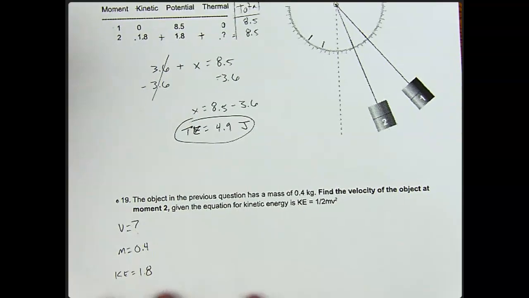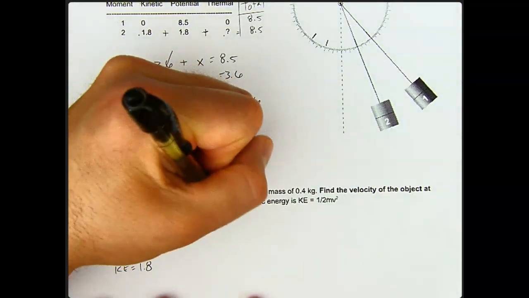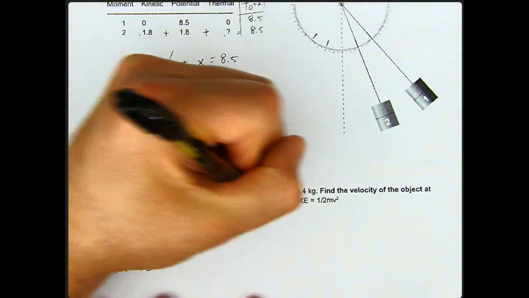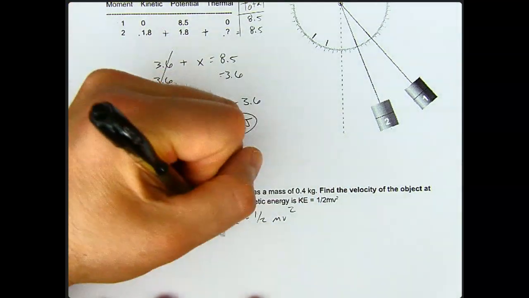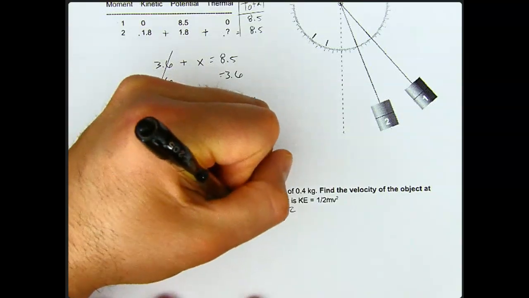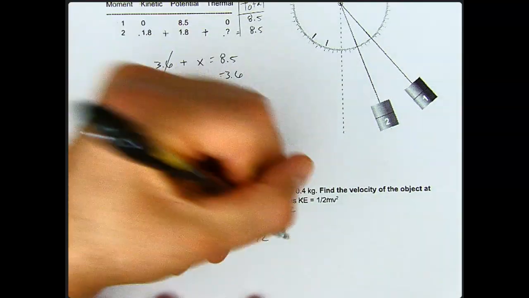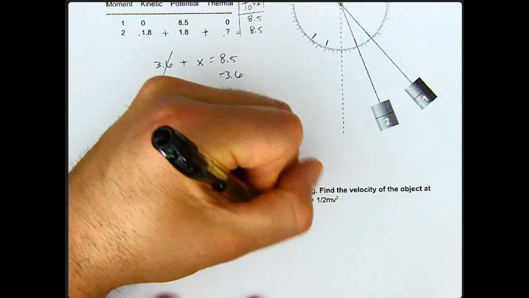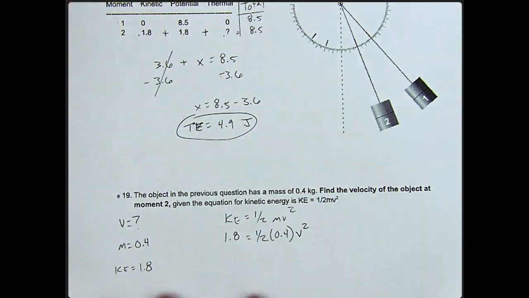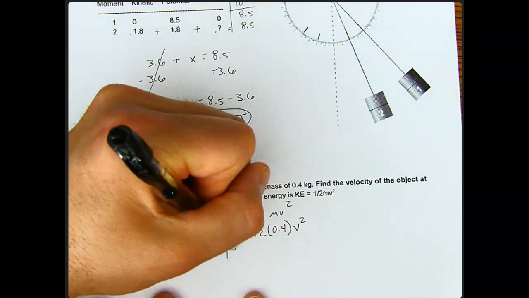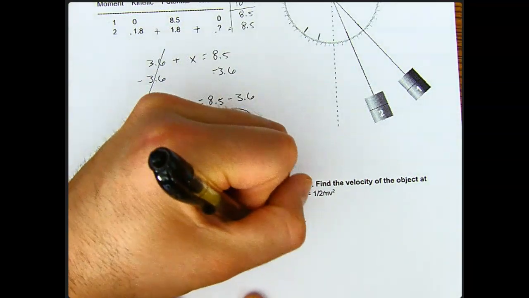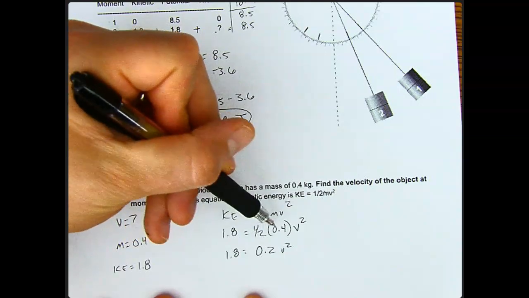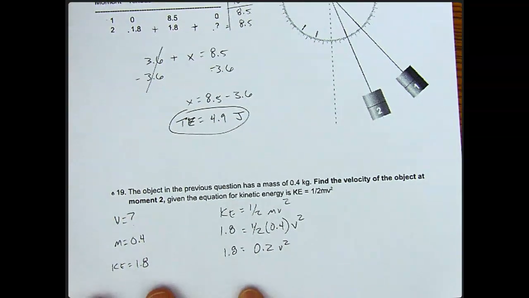So let's see, we have KE equals 1/2 mv squared. Well, this is 1.8. The mass is 0.4. All right, 1.8 equals 0.2 v squared, right? 1/2 of 0.4 is 0.2.